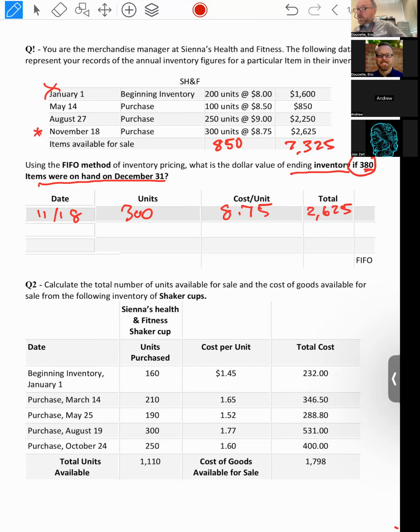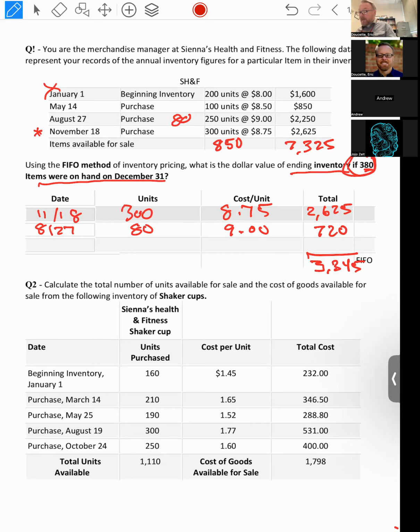So I need 80 more. So I need 80 of these that are still there. So August 27th, 8/27, I have 80 units that are still there at $9 each. And that comes out to $720. So if I add them all up, I have $3,345.